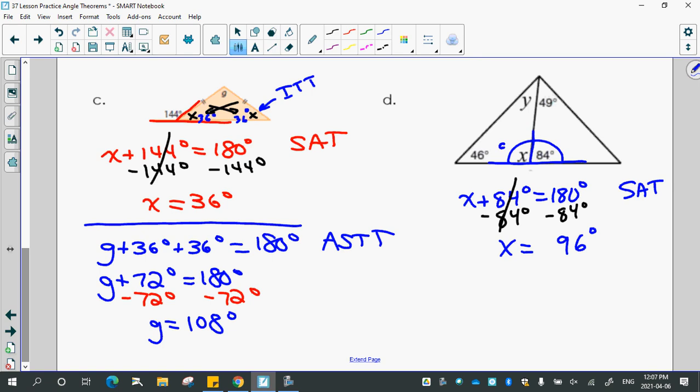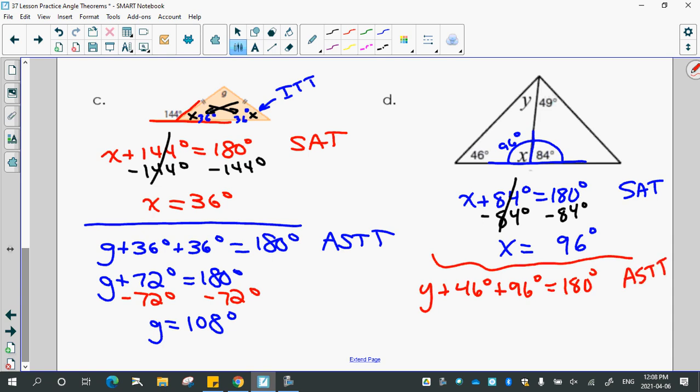So now I know X is 96, and I put it in the diagram. And now that I know two of the three angles in a triangle, I can make the equation that Y plus 46 degrees plus 96 degrees has to add up to 180. And that's the angle sum triangle theorem, ASTT.